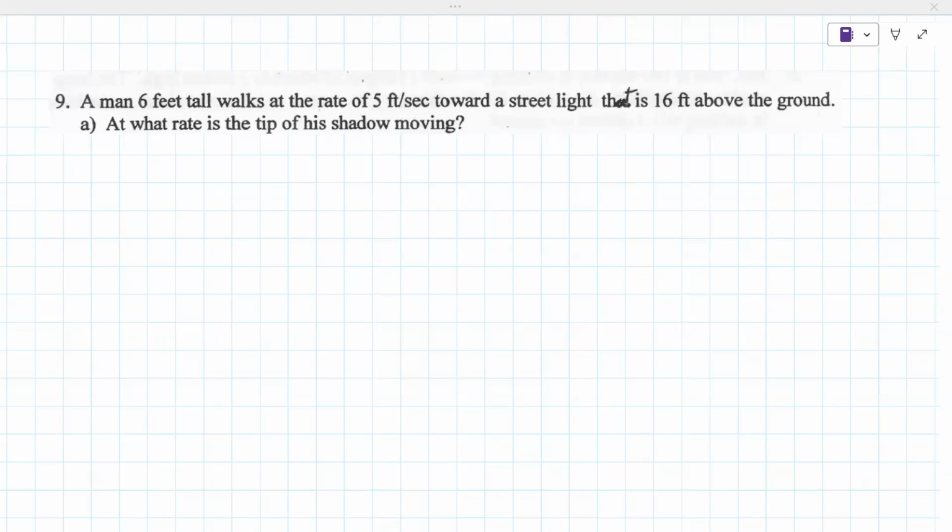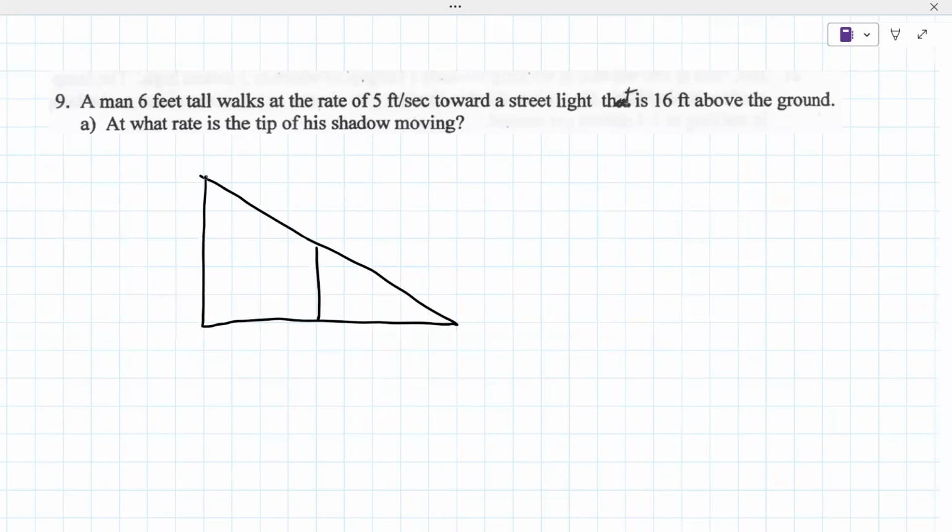So there's a certain setup to these problems that you want to do, that governs these sorts of things. So there's the man. The man is 6 feet tall, and the light is there.